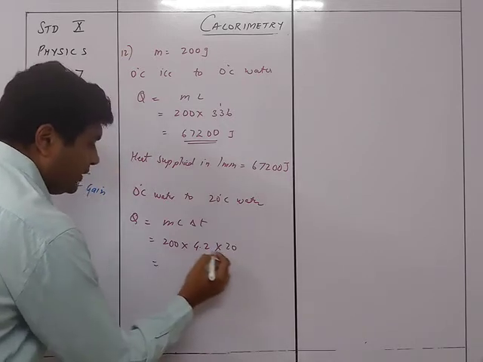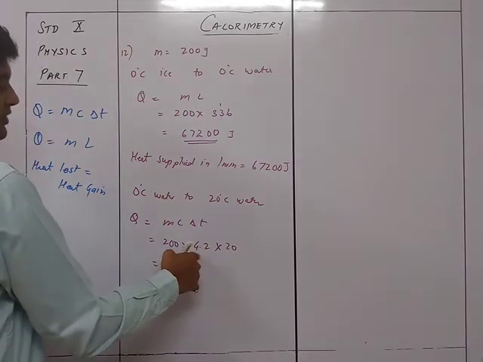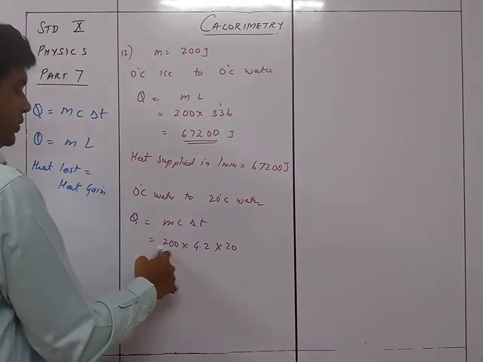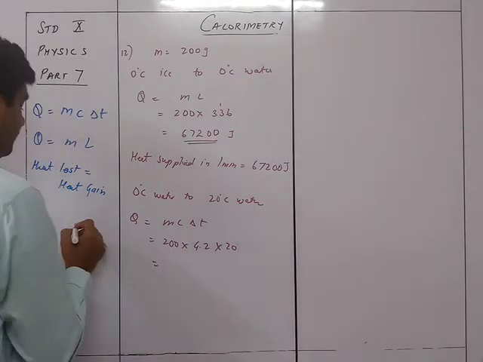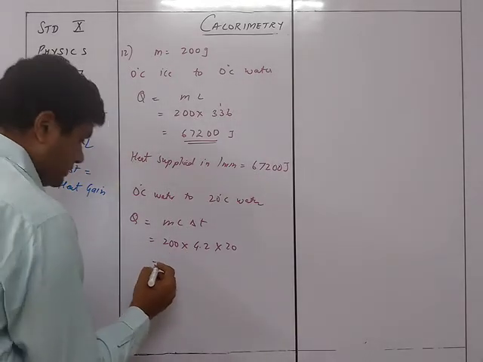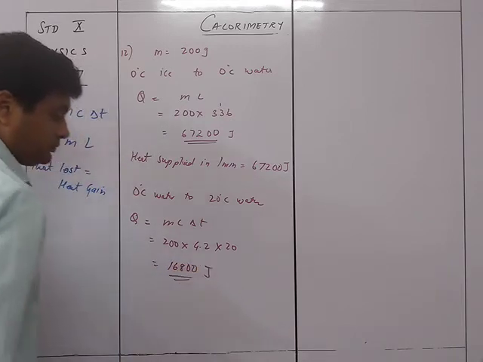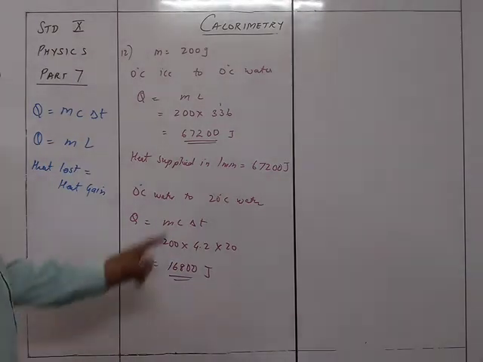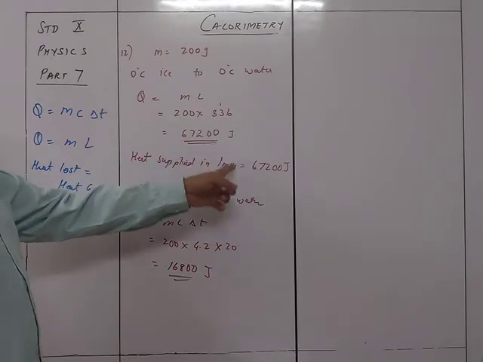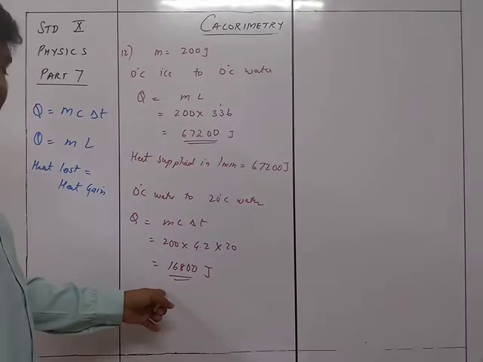So that is going to be 16800 joule. So if 67200 joule takes 1 minute, then how much time will it take for 16800?